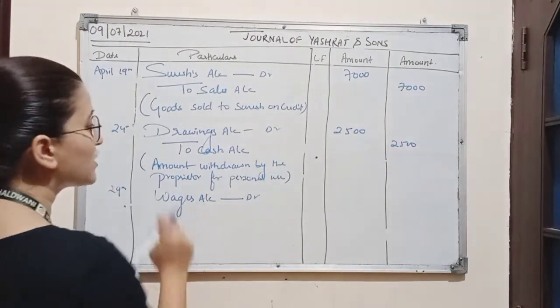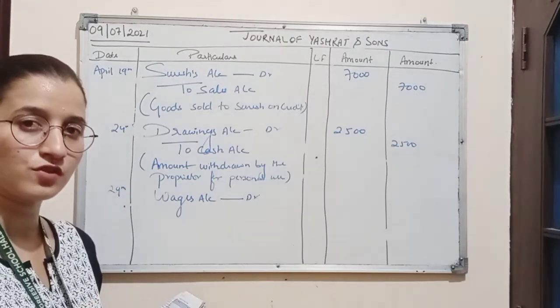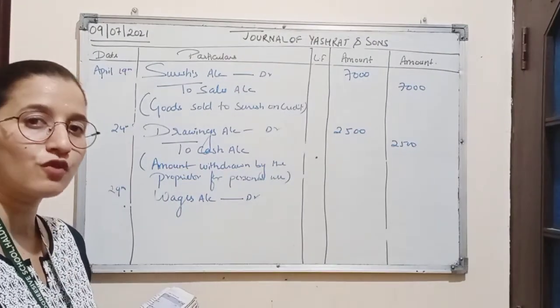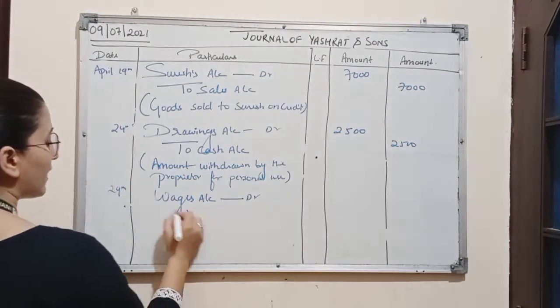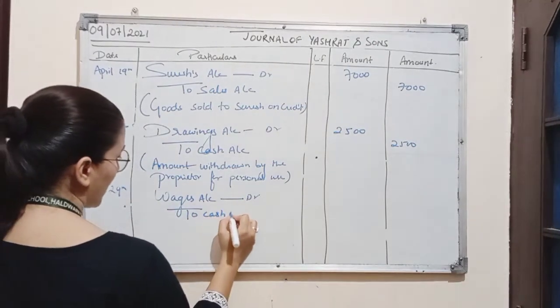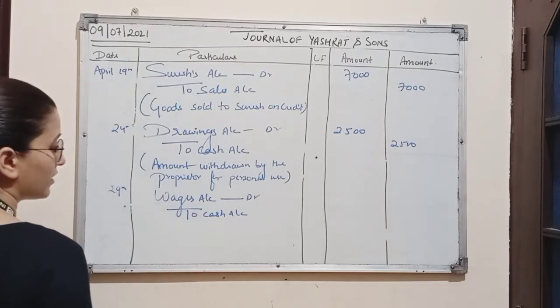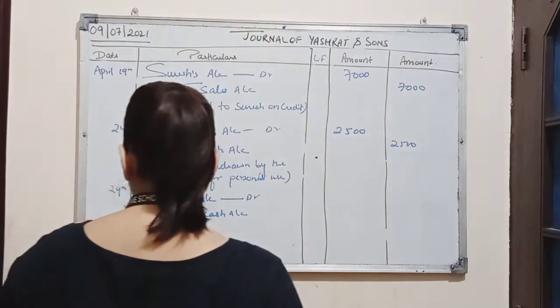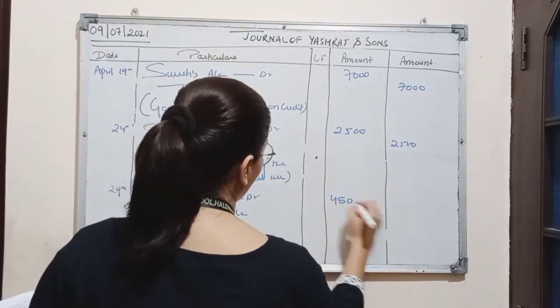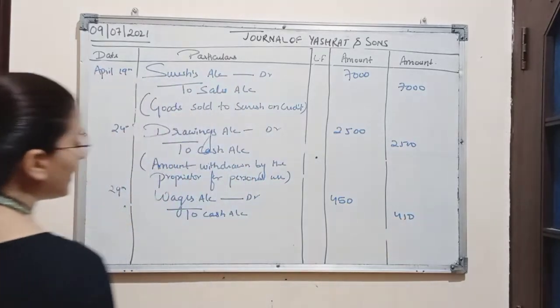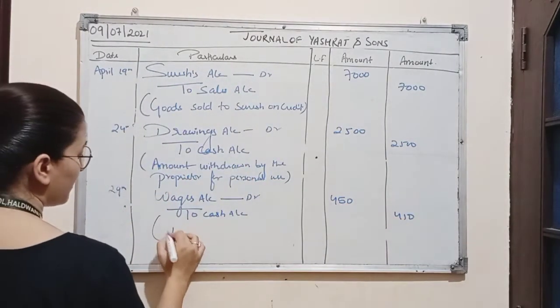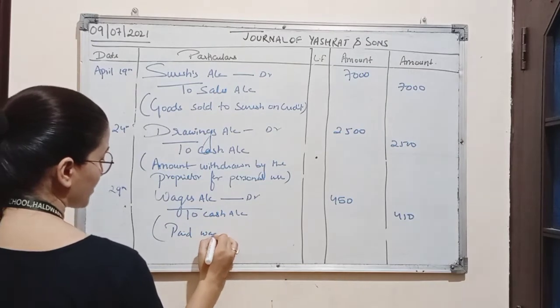By paying the expense, cash is withdrawn or cash is out from the business. So we will credit cash account according to the rule of real account, credit what goes out. So here expenses are paid for the amount 450. Narration for this transaction will be paid wages.